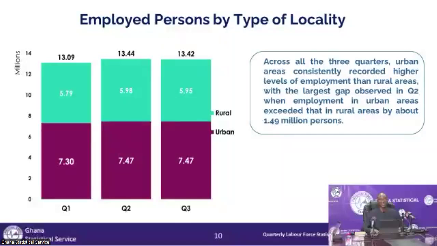More specifically, in Q3 of 2025, we had 7.5 million people employed in urban areas, and 5.95 million people employed in rural areas. This reflects continued rural to urban economic concentration and uneven spatial development.